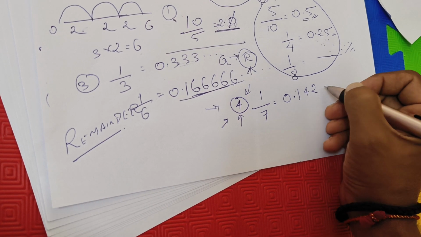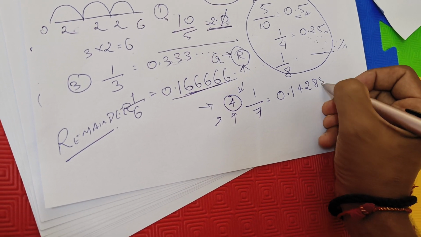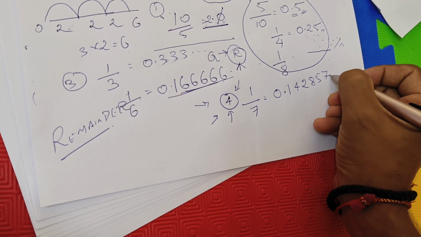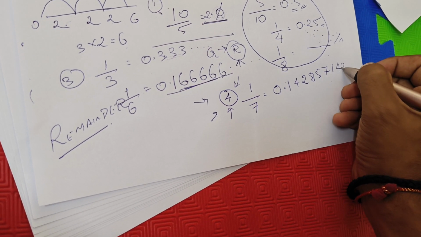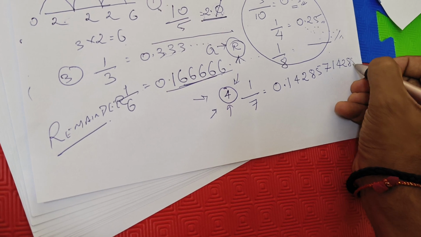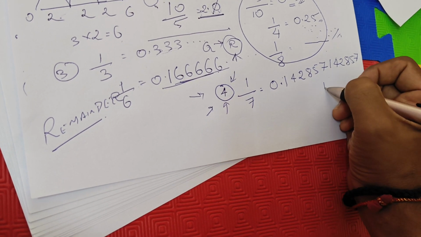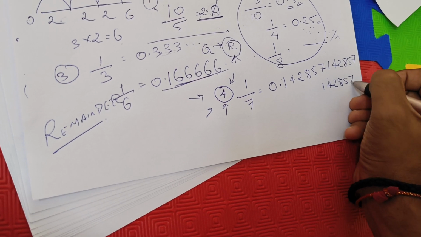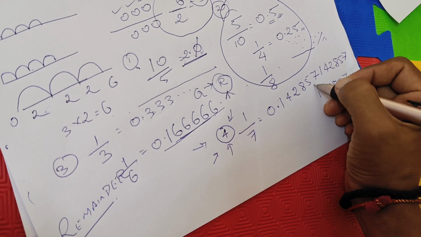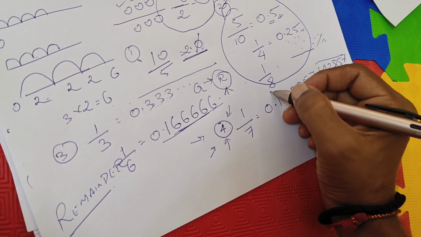Check with me: 2, 8, 5, 7, again 1, 4, 2, 8, 5, 7, again 1, 4, 2, 8, 5, 7, goes up to infinity. This thing repeats again and again.